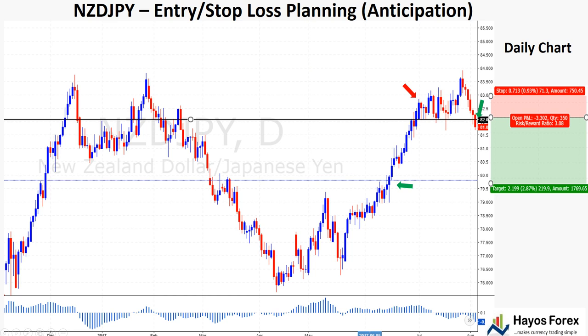I lose at this point if the trade goes against me, but in case it finally goes in my favor, then I have a 3 to 1 reward to risk ratio, which is okay.